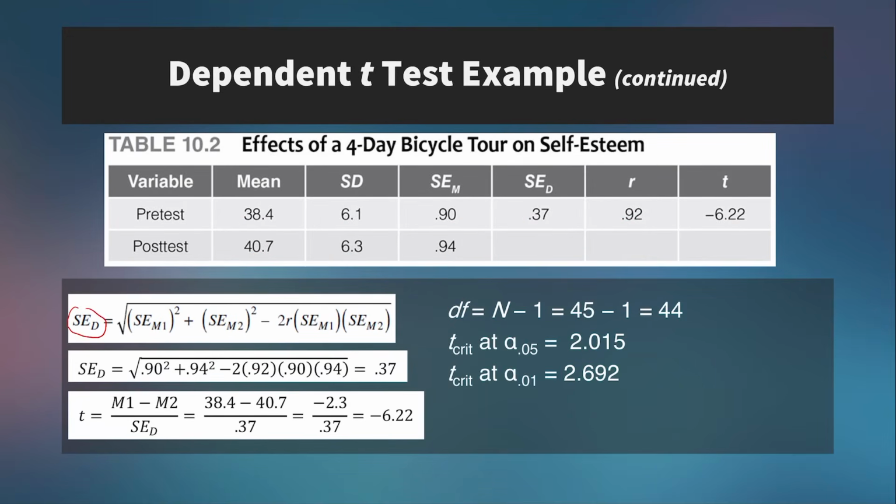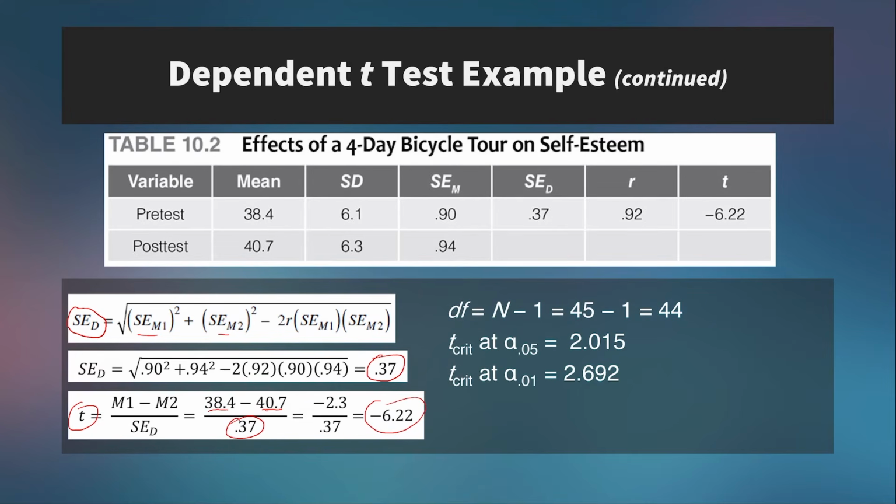Remember that we need to calculate the standard error of the difference, and that takes into account standard error of the mean 1 and mean 2. So we plug those in to the equation, and we get standard error of the difference being 0.37. Then to calculate the t-statistic, we take the difference in mean, so that's going to be 38.4 minus 40.7, and underneath that we put that standard error of the difference that we already calculated, and it comes out to negative 6.22.